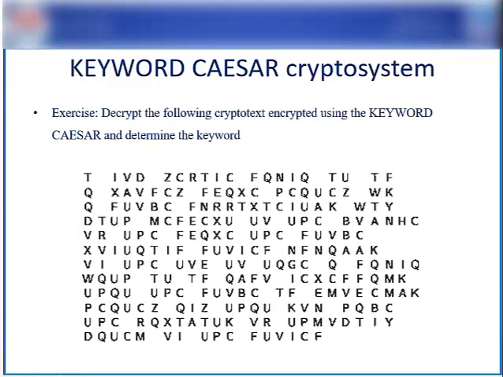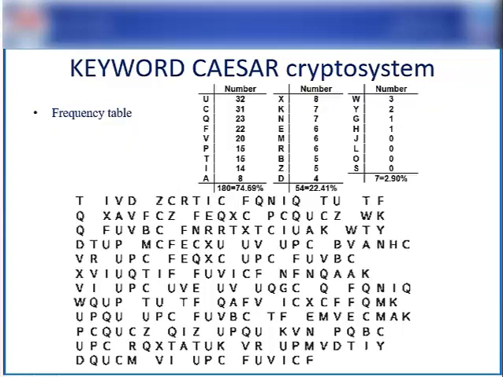So let's consider another example. Suppose that we are trying to decrypt this cryptotext encrypted using the keyword Caesar alphabet. We can make use of frequency count, or we can just try to analyze the text. If we have a closer look at our ciphertext, it contains two one-letter words.